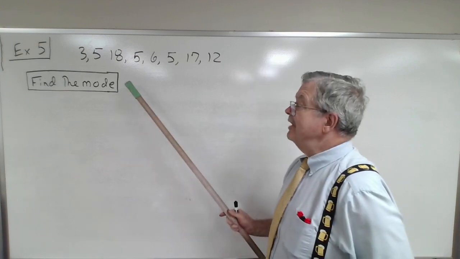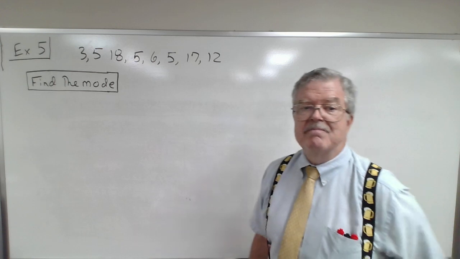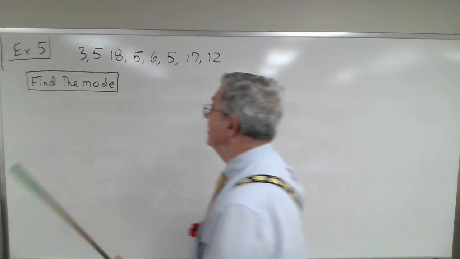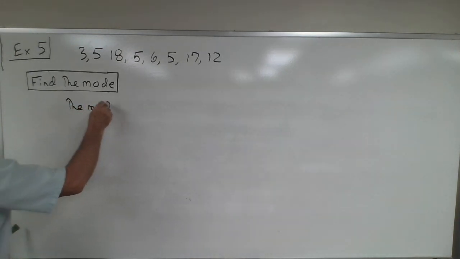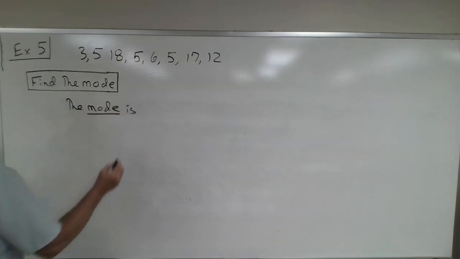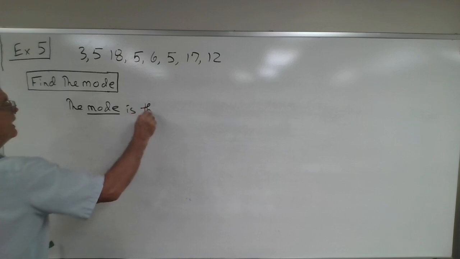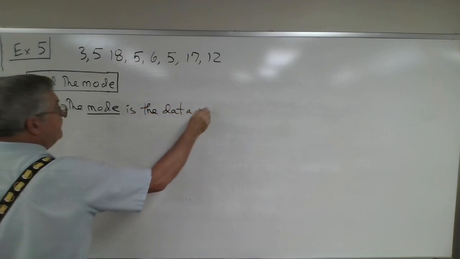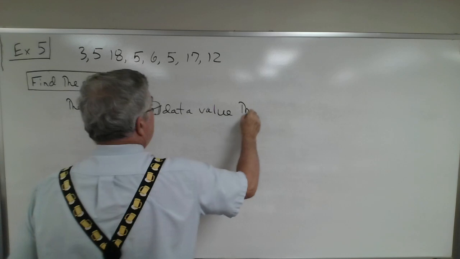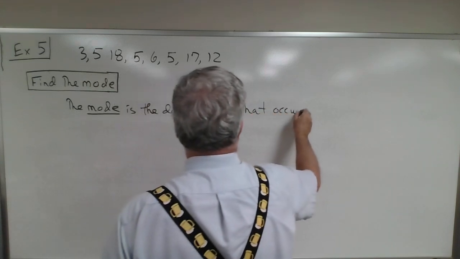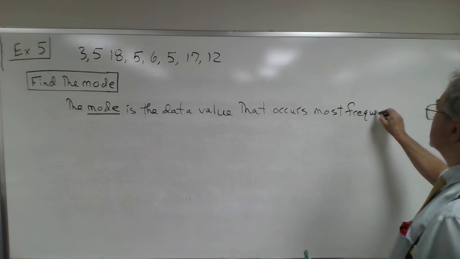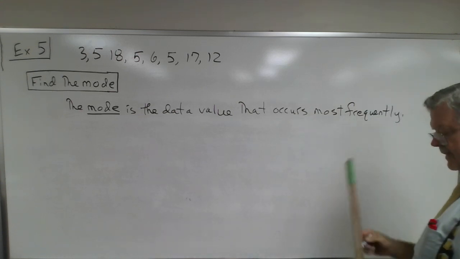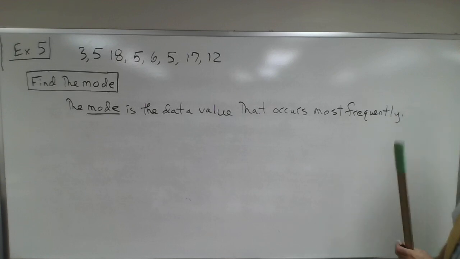Aha! This time, when it tells us to find the mode, we can do it. What is the mode? The mode is the data value that occurs most frequently. Is there one data value up there that occurs more than the others?